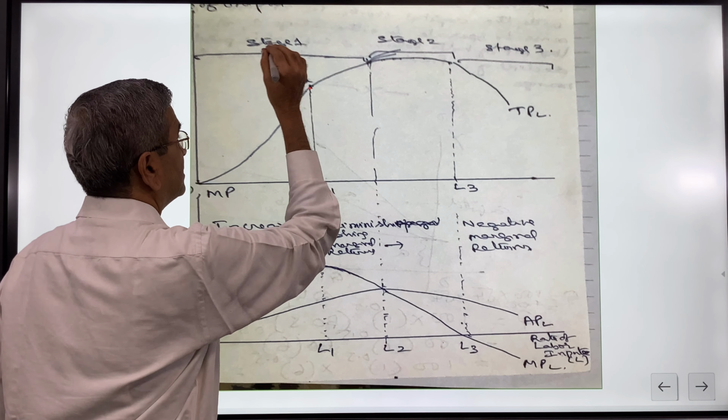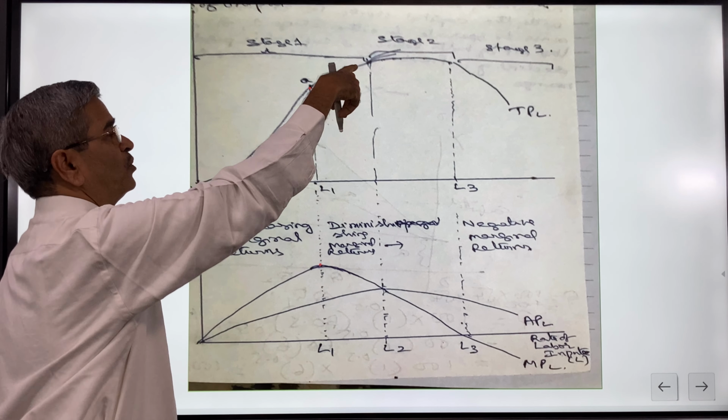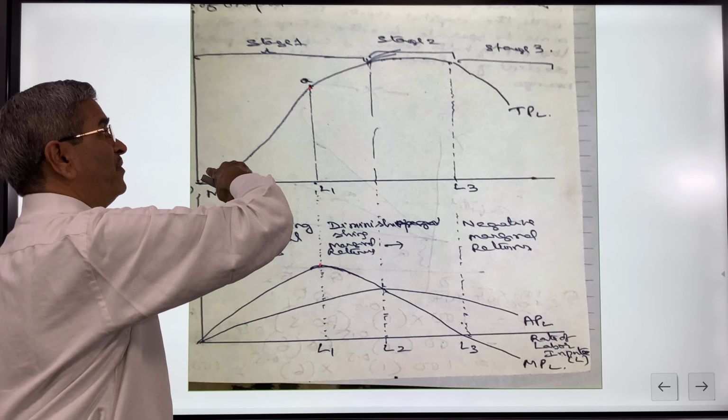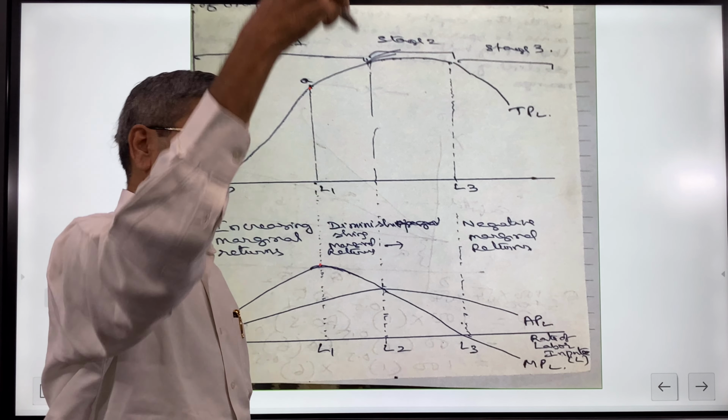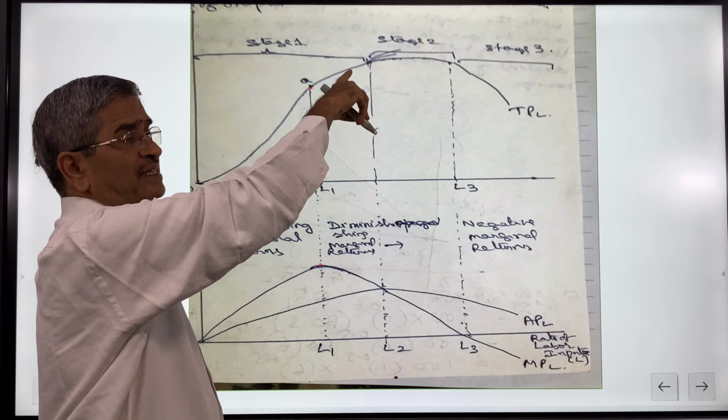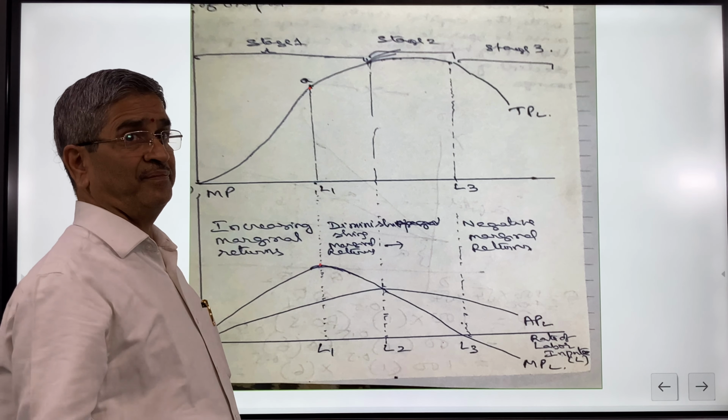And here the inflection of the total productivity curve is undergoing a change. Till now, the increase was at an increasing rate. And here, no doubt total product is increasing, but at a decreasing rate.